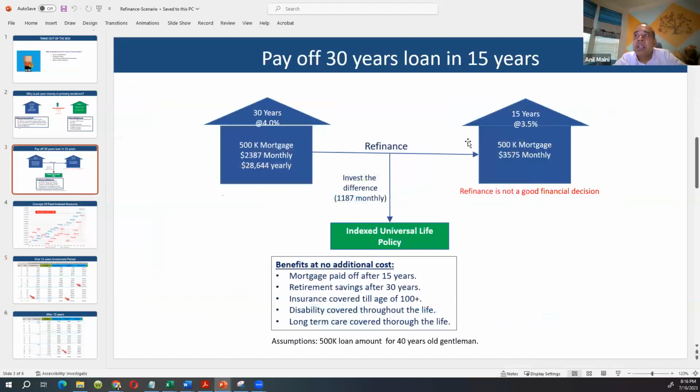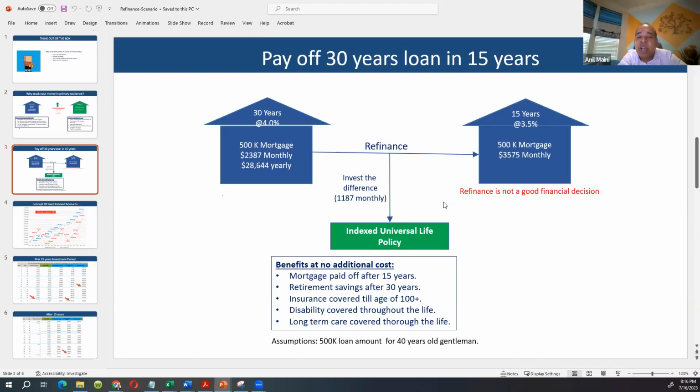So there are a lot of families out there who are making this mistake of putting a lot of money into their home. It is not a good idea to put a lot of money into a home, but they need help. They need some wisdom. They need people like you.